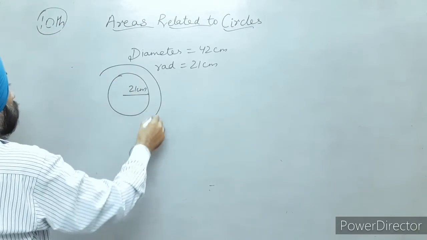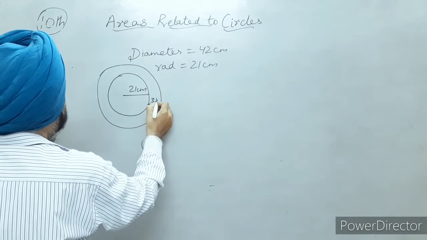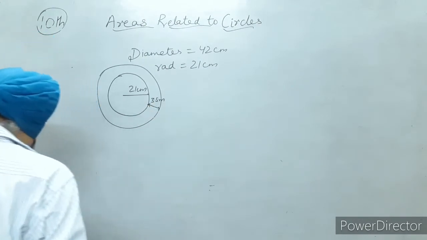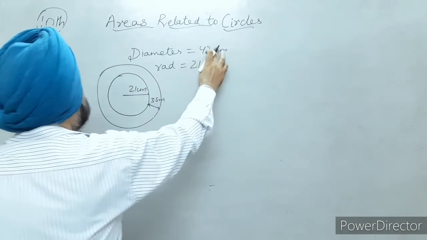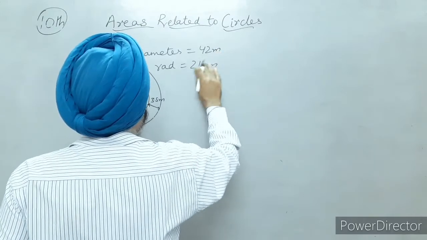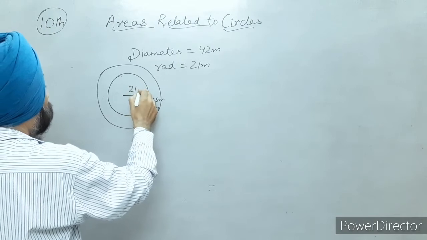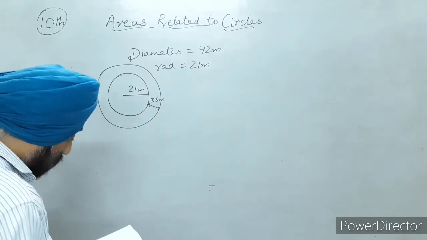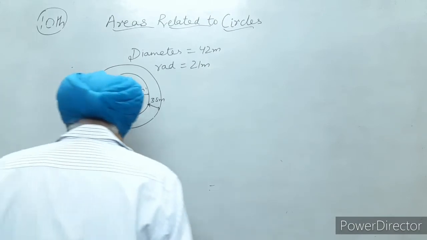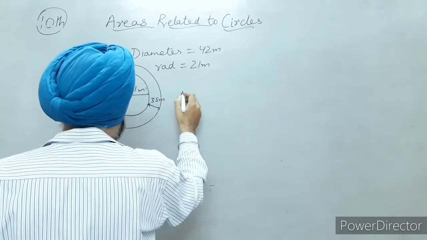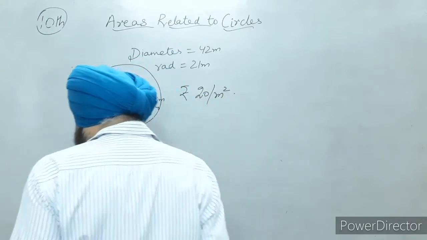And he says a 3.5 meter path runs around, it was 42 meters, not centimeters. A 3.5 meters wide path runs around it. Find the cost of graveling the path at rupees 20 per meter square.